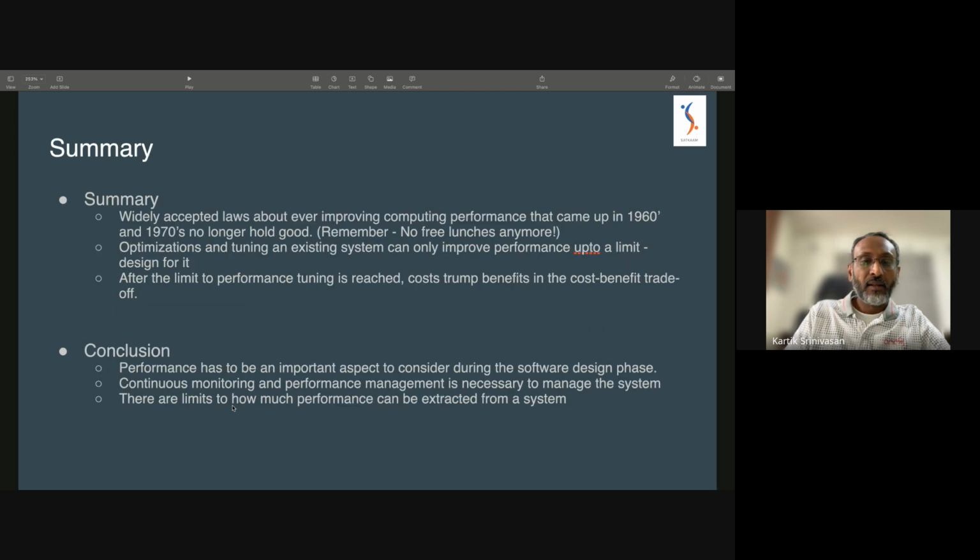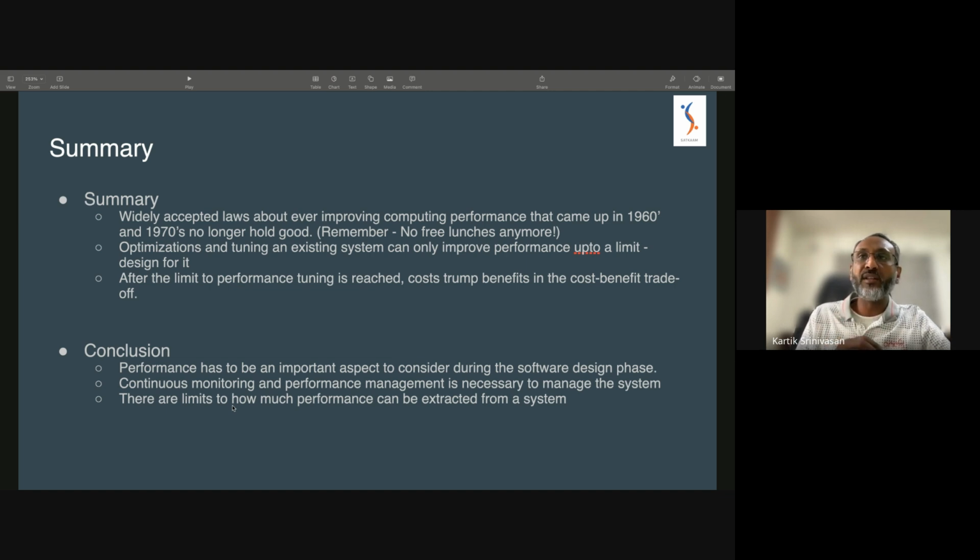All right. Let's go to the quick summary and conclusion, right? So essentially, I think what we can conclude is that performance is a very, very important aspect to consider as part of the design phase.